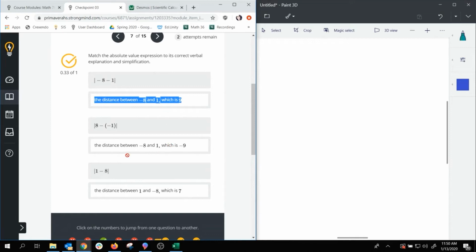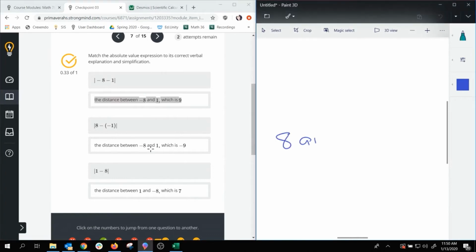For this second one here, you want to have the distance between 8 and negative 1, which is 9. And then for this bottom one here, you'd want to have the distance between 1 and 8, which is 7.